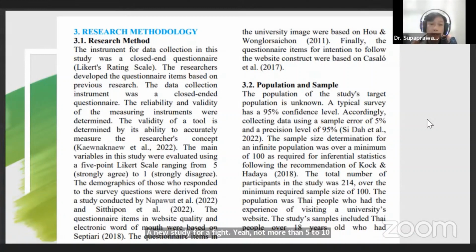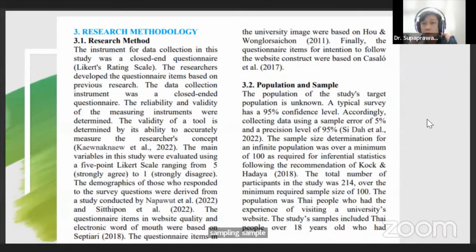And the population is very important, because you have to explain what your population is, definite or indefinite, because it's essential to find the sample determination.